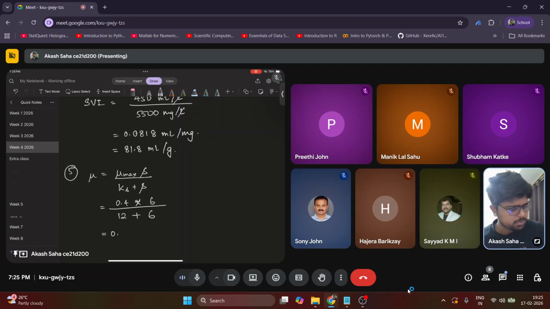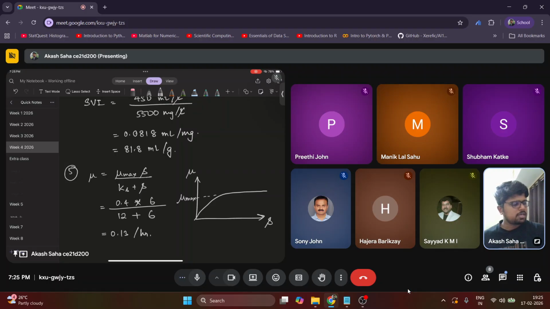So it will be 0.13 per hour. This is the curve, if you remember. Here we plot mu versus S, and this is mu max. Somewhere at half of mu max we will plot the half saturation constant Ks.